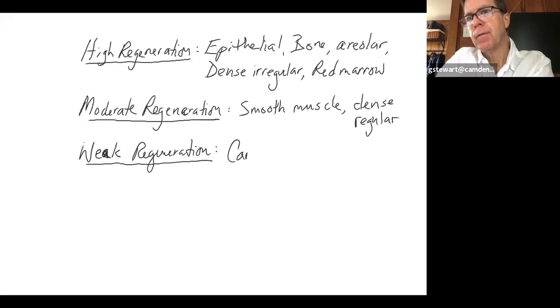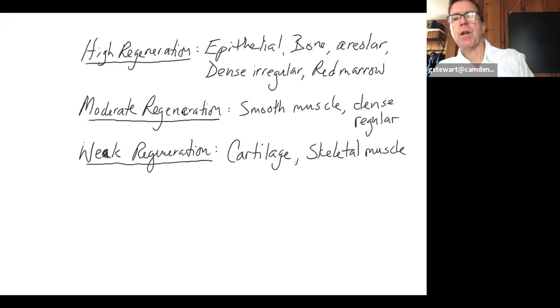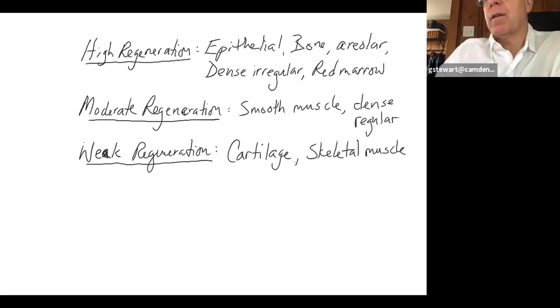Cartilage has weak regenerative capabilities, and skeletal muscle, which is somewhat unusual. Most of the tissues that have high regenerative capabilities have a high blood supply, and believe it or not, skeletal muscle has a relatively high blood supply, but it has weak regenerative capabilities.